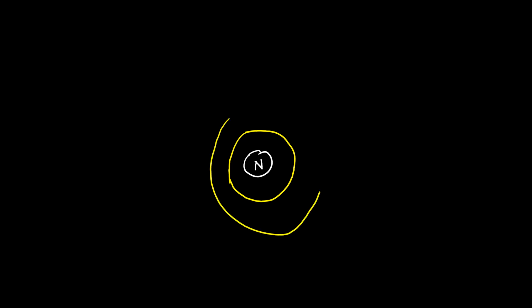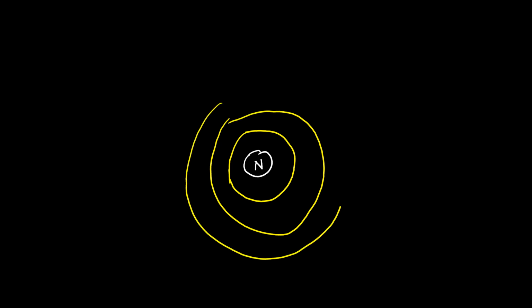Since you know that an atom has a nucleus, again we are considering the example of a sodium atom. Consider this is the nucleus of a sodium atom, and the sodium atom has 2 electrons in the first shell, 8 electrons in the second shell, and one electron in the third shell.